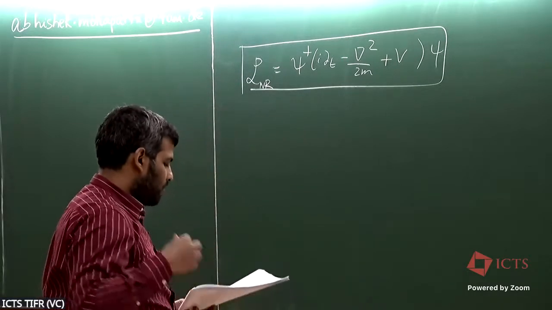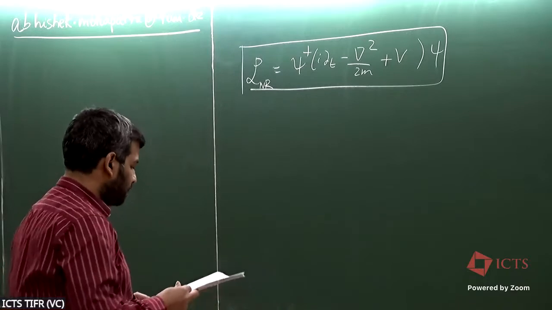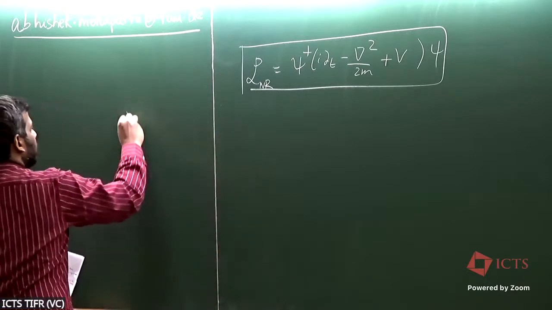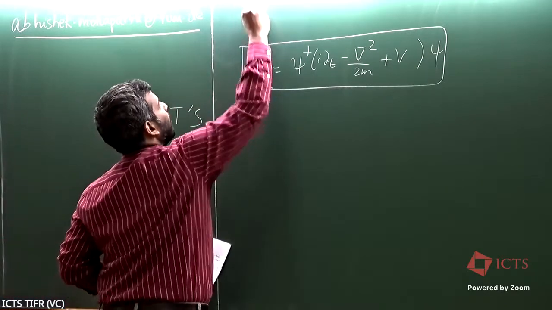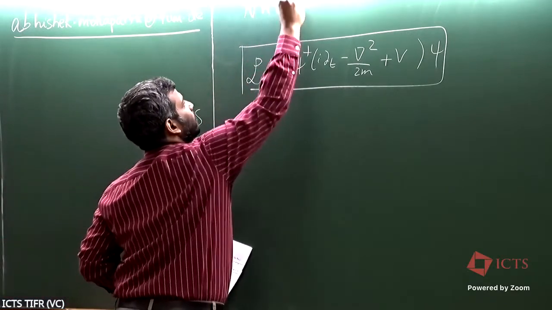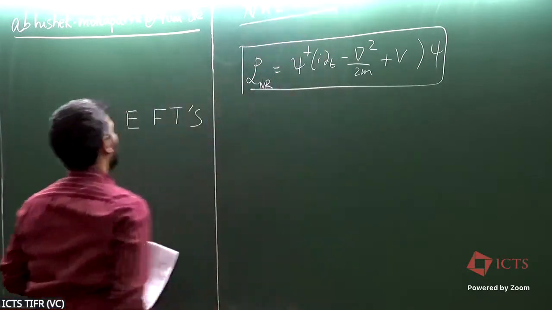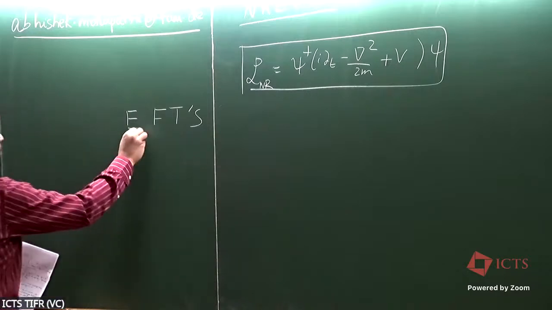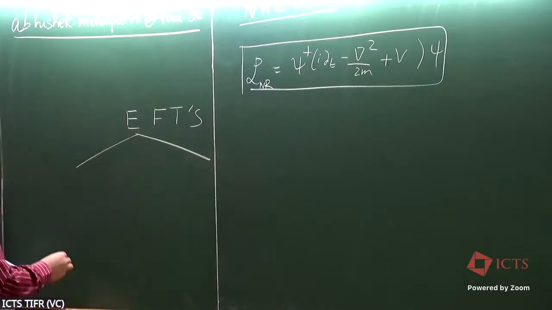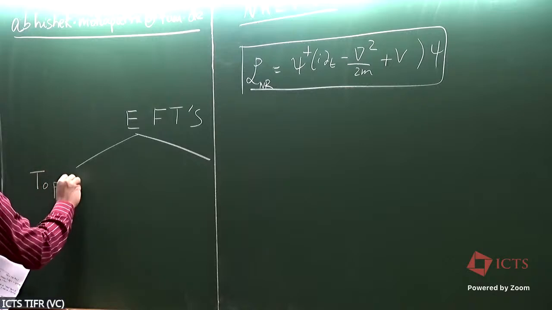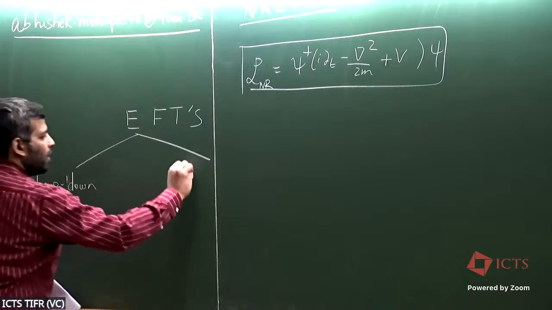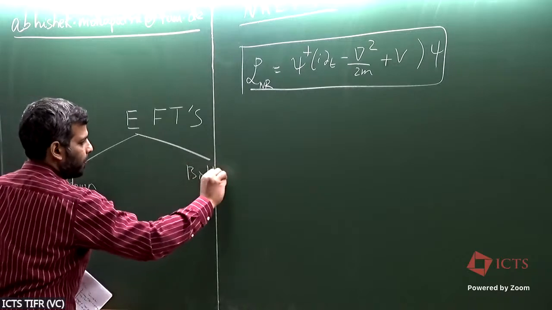So just to set up the background, I'm doing NREFT. We already know two types of EFT category, which are top-down and bottom-up.